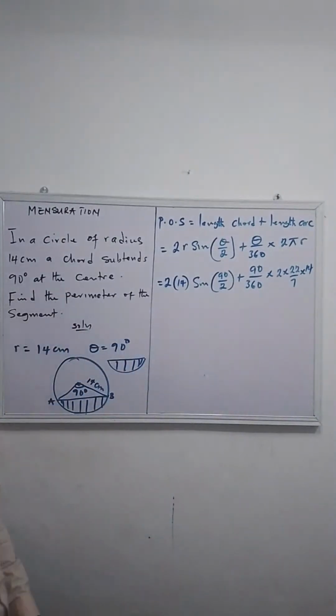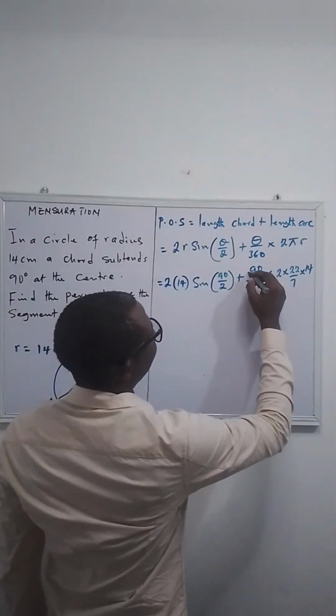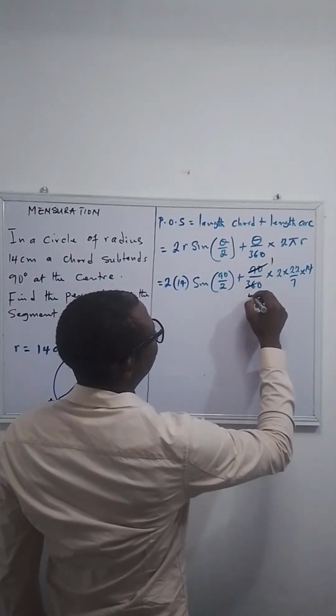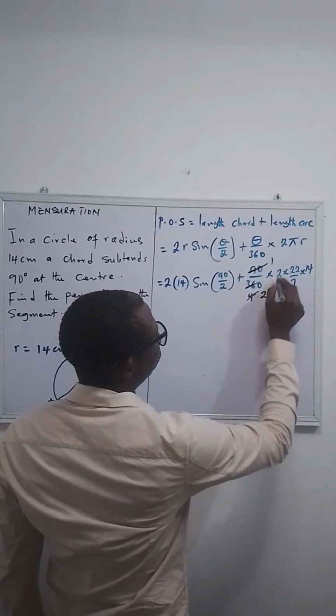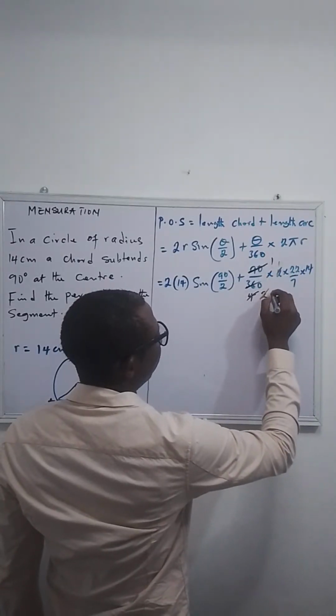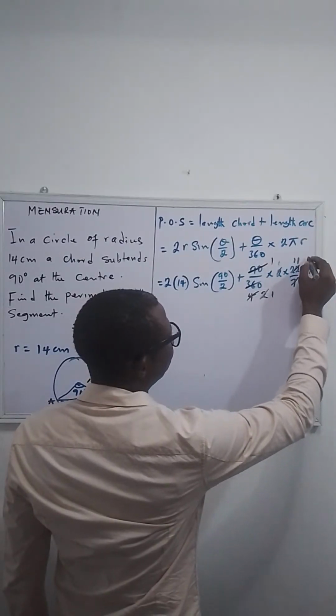Let's see how we simplify this. 90 goes into 90 once, 90 goes into 360 four times, 2 goes into 2 once, 2 goes into 4 twice, 2 goes into 22 eleven times, 7 goes into 7 once, and 7 goes into 14 twice.